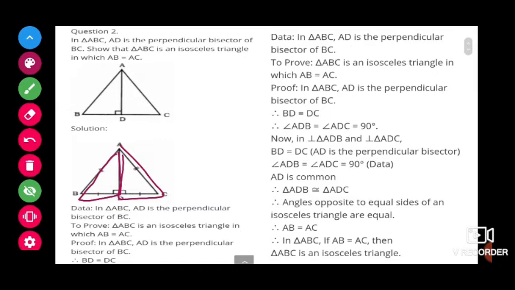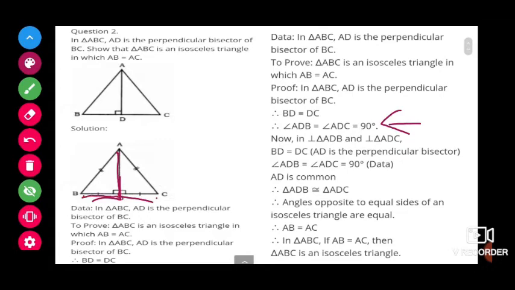How can we show that? If we take these two triangles ADB and ADC, from the given information we can say that angle ADB and angle ADC are both 90 degrees because it's a perpendicular bisector.